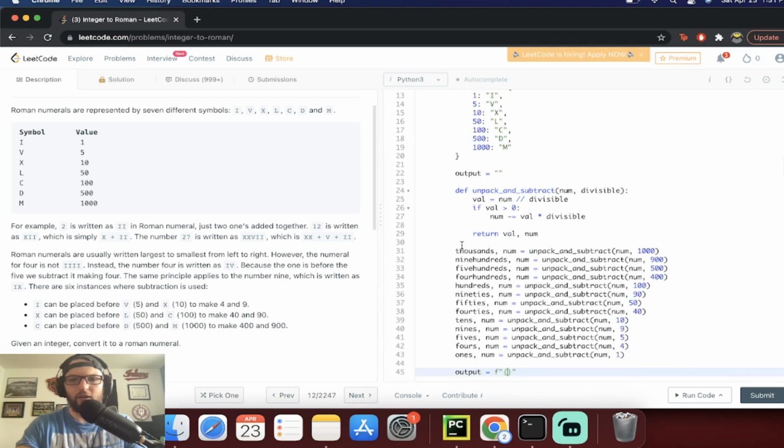So it'll be additions sub 1000 times thousands. It will then be addition or subtractables sub 900 times 900s.